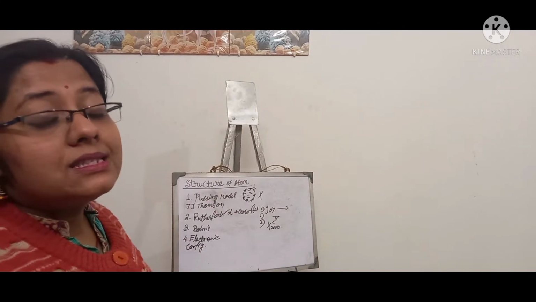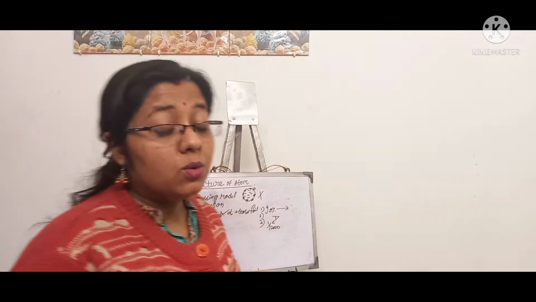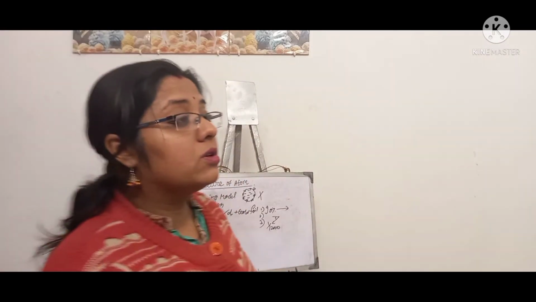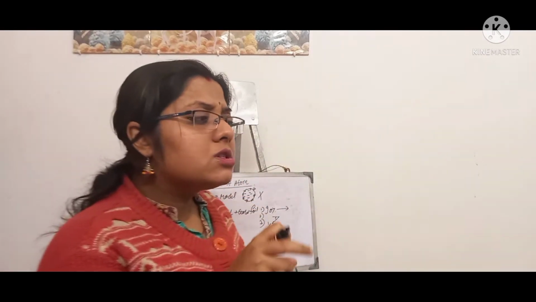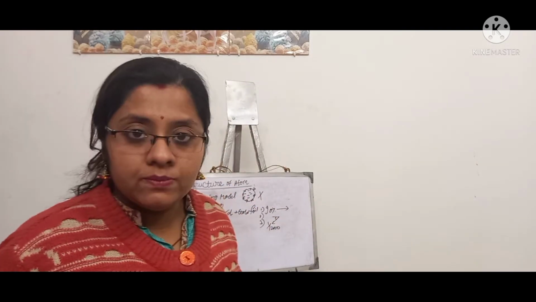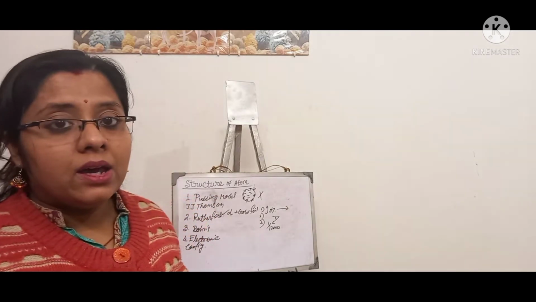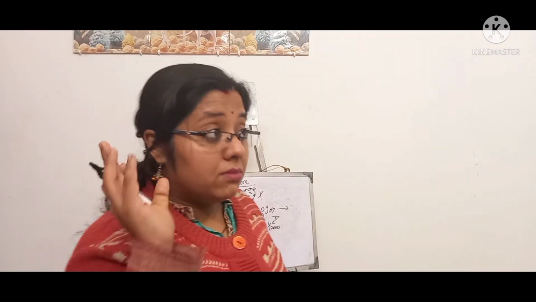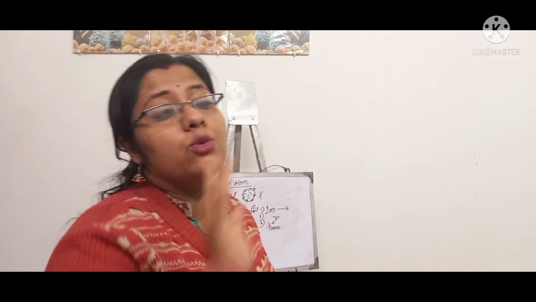Based on these 3 observations, what he concluded? The first conclusion was that most of the space inside the atom is empty. That is why around 90% of alpha particles move without any disturbance.